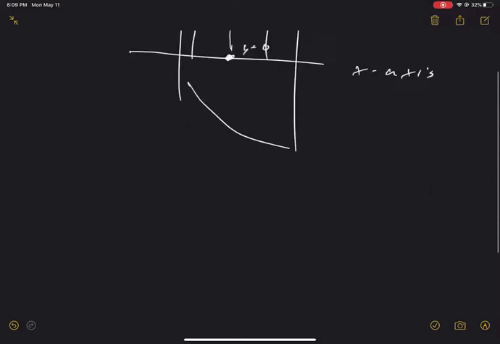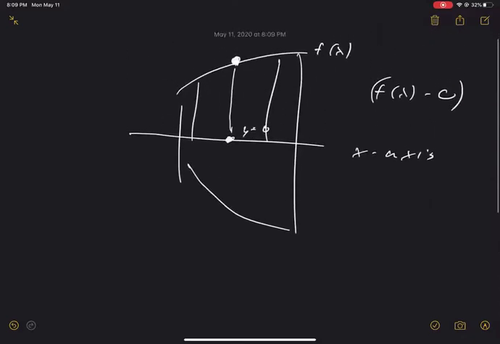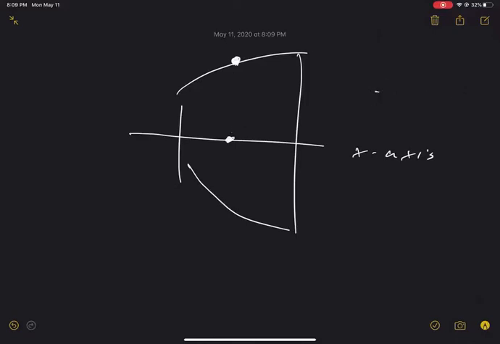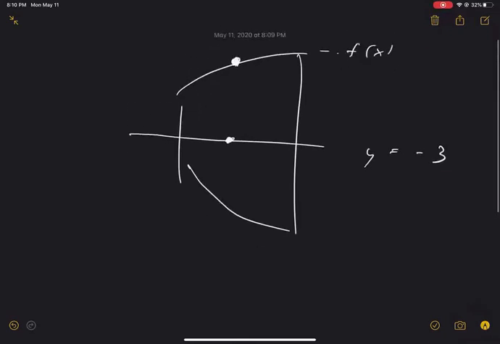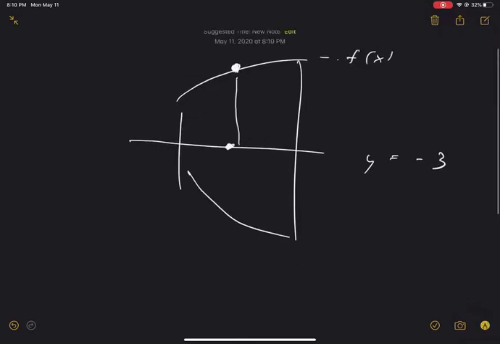Let's use this same object. Let's say instead of the x-axis, it was the horizontal line y equals -3, okay? Again, this curve is f of x. Well, then my radius would be the distance from f of x to y equals -3.